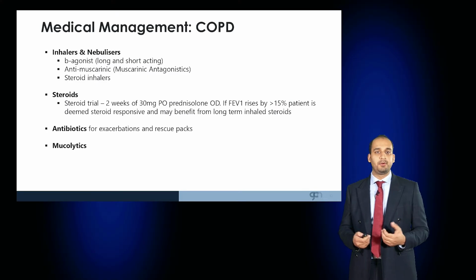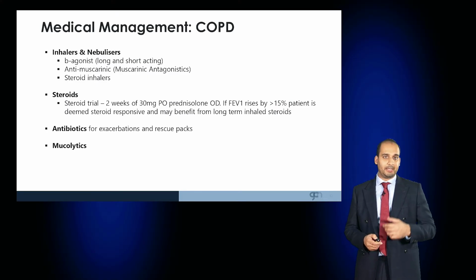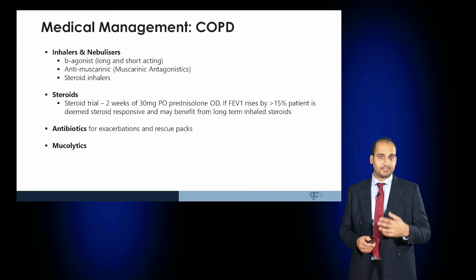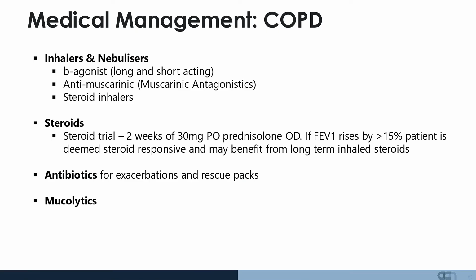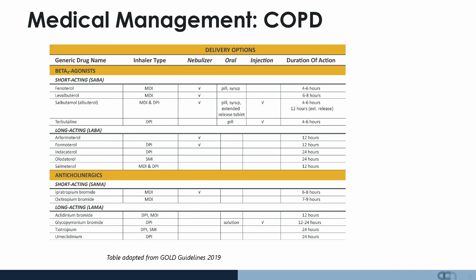So there's a number of drugs available, including the LAMAs and LABAs that we mentioned. Some patients may require steroids, particularly those that are steroid responders. For infections, they may require antibiotics, and long-term may require mucolytics. There are many agents that are available.